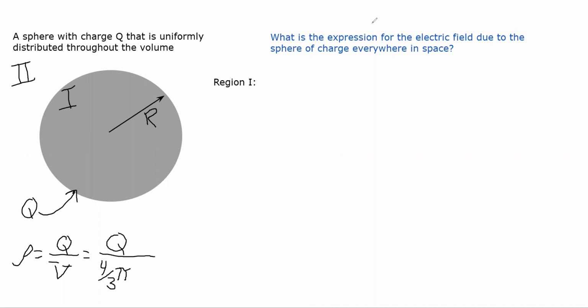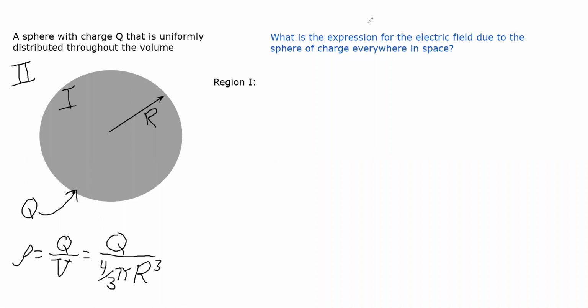Well, we haven't introduced lowercase r. Lowercase r we are reserving for our Gaussian surface, and I haven't drawn my Gaussian surface yet. So this is just the volume of my physical sphere. I put that here because I'm going to refer to it in a second. Let me write that a little bit neater. All right, so there's my charge density.